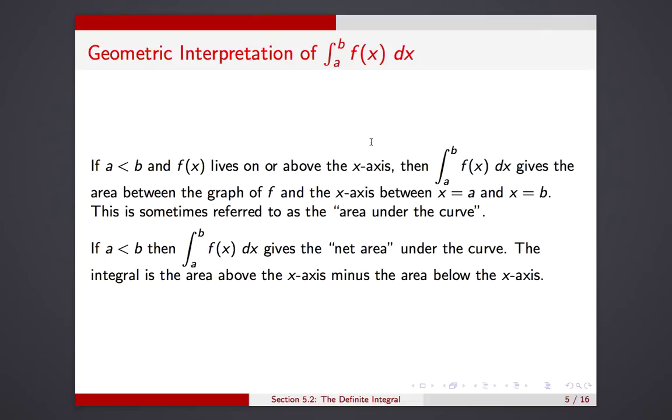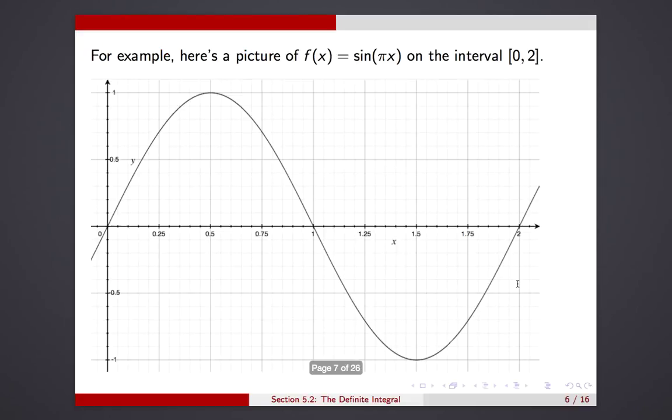An integral is basically just an area. If the function's above the x-axis, it's literally the area trapped between the function's graph and the x-axis. If the function dips below the x-axis, you can still think of the integral as an area, but it's net area: area above the x-axis minus area below.